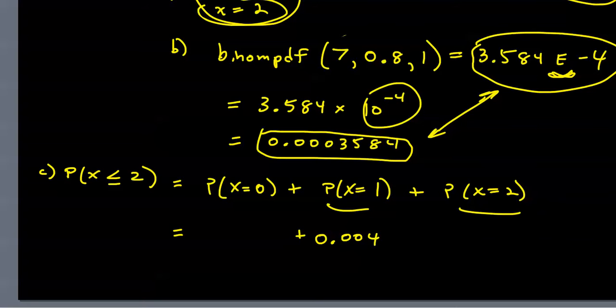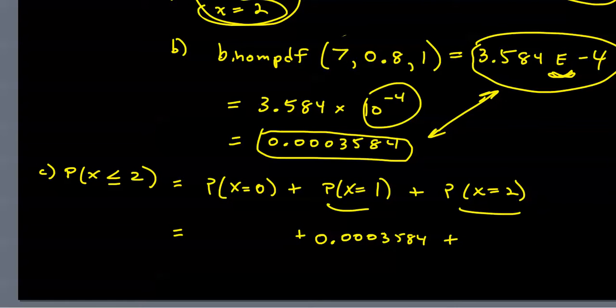So 1 success, sorry, the 1 success was in part B. So that's 0.0003584. A little mixed up there.